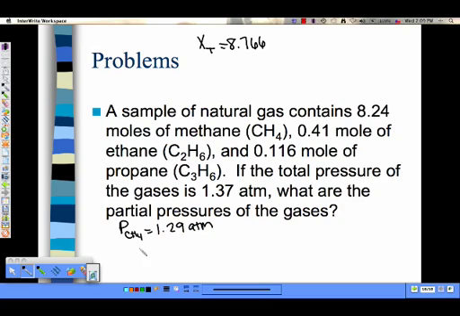And if I go through and do this for all the other ones, ethane, 0.41 divided by 8.766 times 1.37, 0.064 atm.